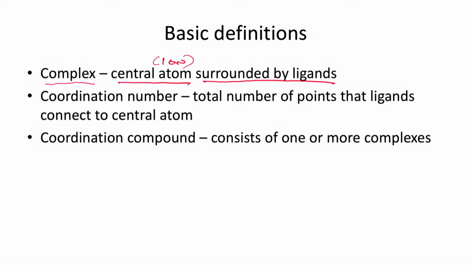Okay, so the coordination number is the total number of points where those ligands connect to the central atom. And you can have a compound called a coordination compound that consists of one or more of these complexes all together. Okay, and so it's a little bit of definitions and terminology, but I want to make sure you get them, right? Complex, coordination number, and coordination compounds. So let me give you an example.